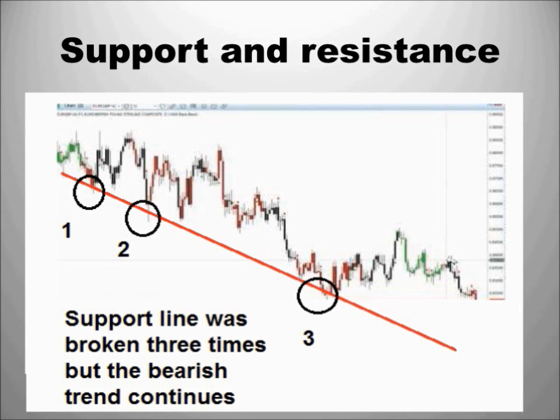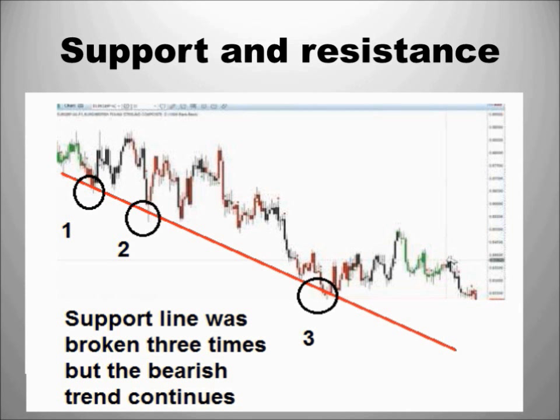So again, I'm going to show you a line of support. Notice that in this first circle right here, one of the wicks from the candles pierced through the line of support, but it retraced and gravitated more towards the line of resistance or more towards the middle.